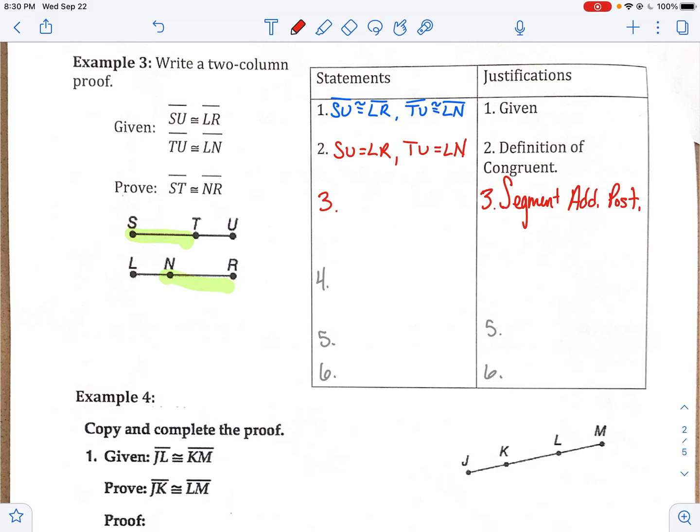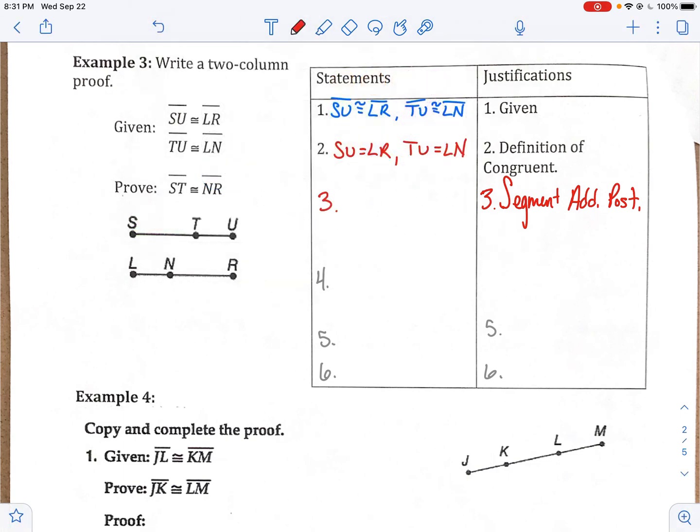And what can I say by the segment addition postulate? Well, the segment addition postulate, if you remember, says that one part plus another part equals the whole segment.